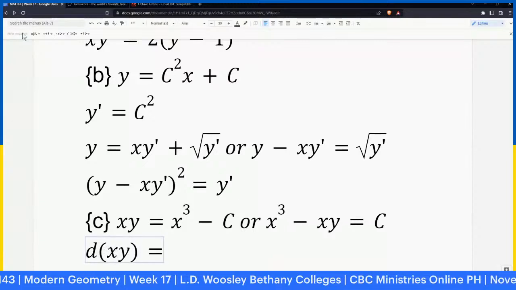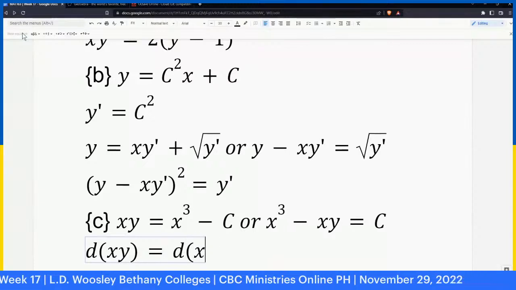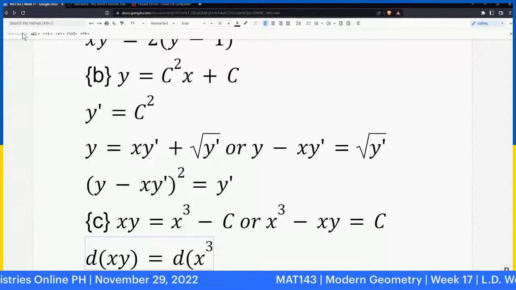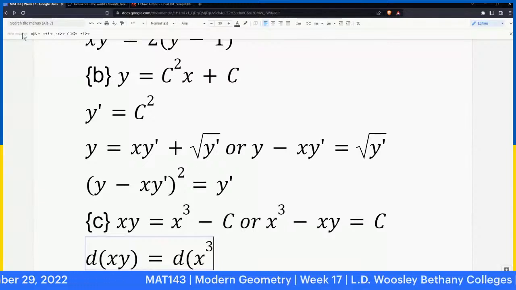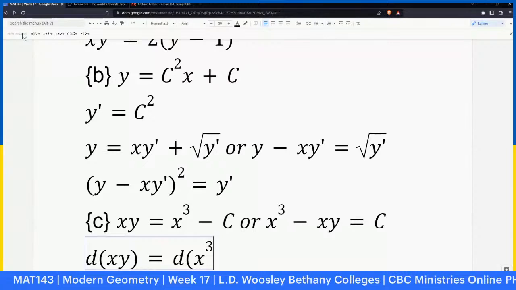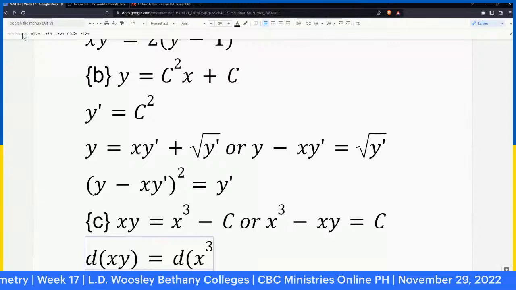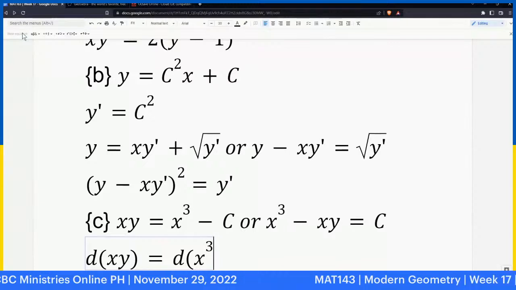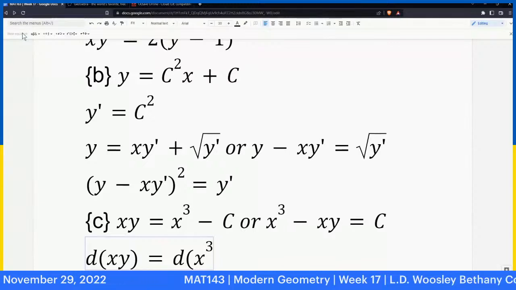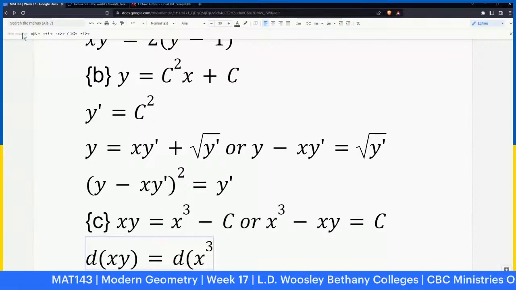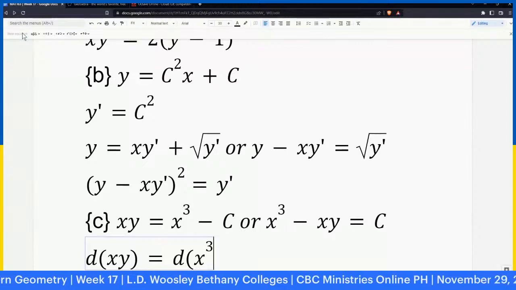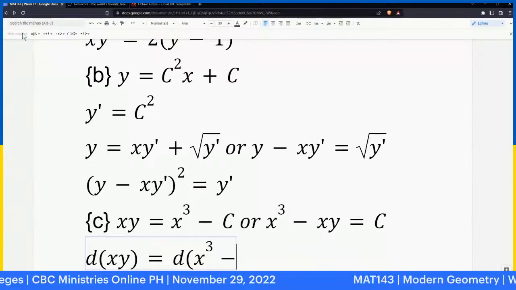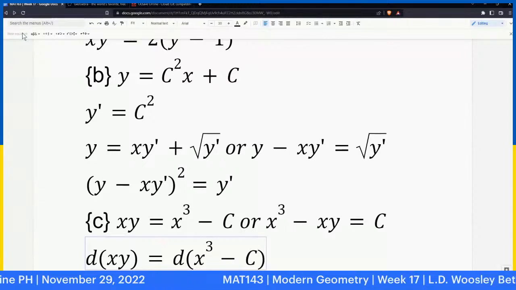Kasi when we split the two, that becomes a differential. When the x and y combine, that's a derivative. Did you get the difference, Micaela? So this time we are dealing with individual variables, so it's a differential. Take note, x will still be your independent variable, y will still be dependent variable. So we're taking the derivative or the differential of both sides of the equation.